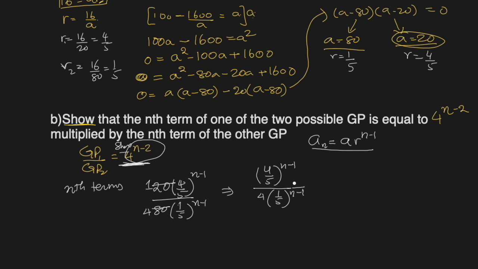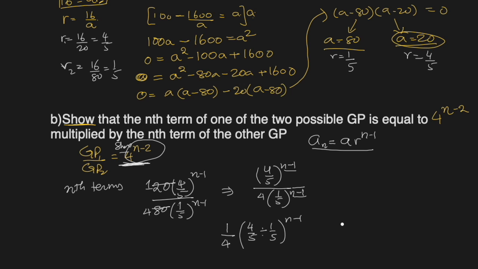The exponential law says that if two numbers which are dividing have exactly the same exponent, we can merge them. So it will become 1 over 4, 4 over 5 divided by 1 over 5, to the power n minus 1. Both are inside the bracket now, n minus 1 is the exponent, and this is divided by this.